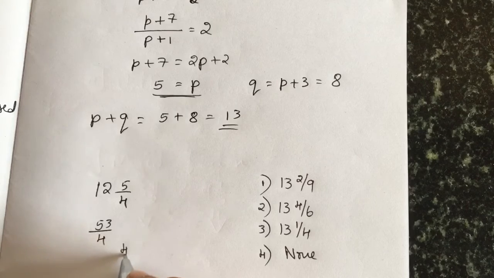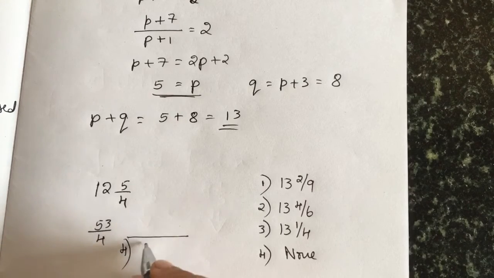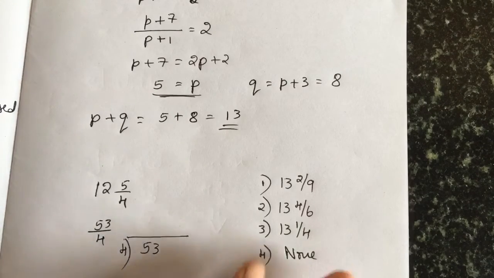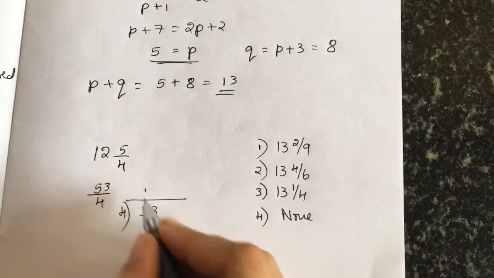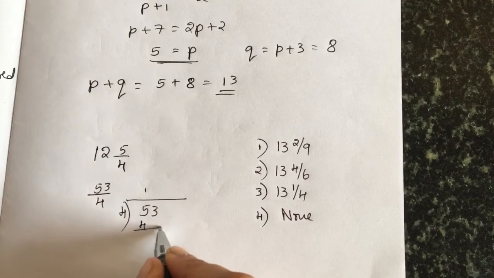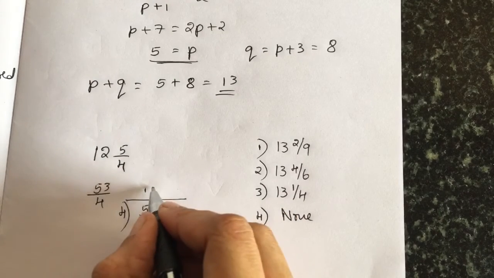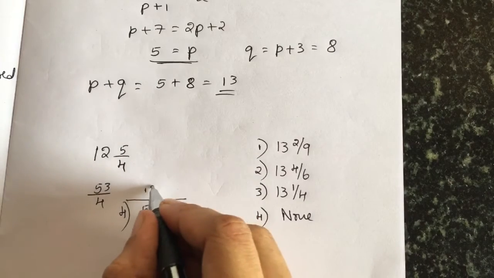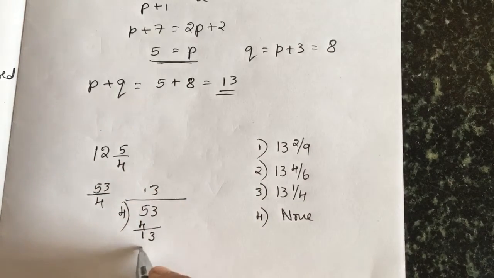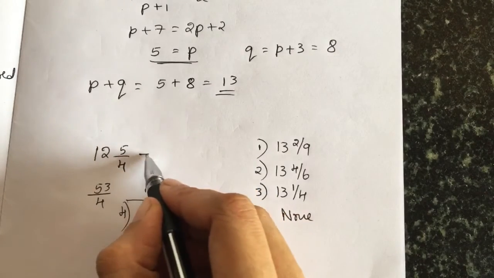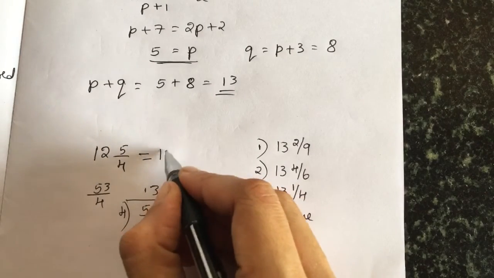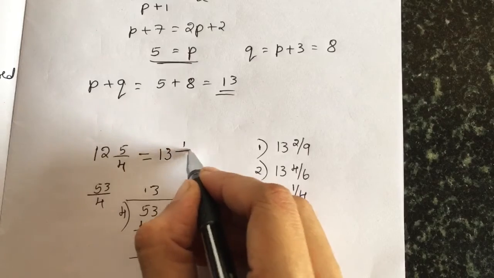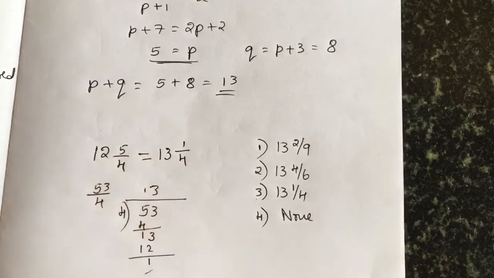Then I'll divide 53 by 4: 4 once is 4, so it's 13, and 4 threes are 12. So I'll just rewrite this as 13 1 by 4. So this is the option.